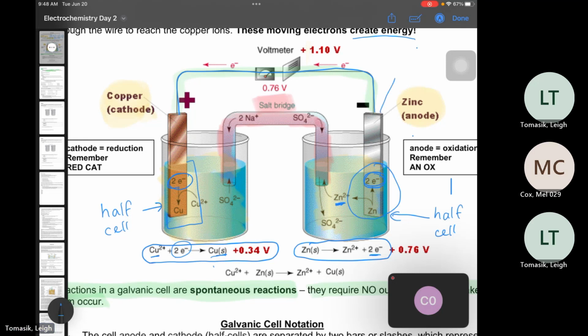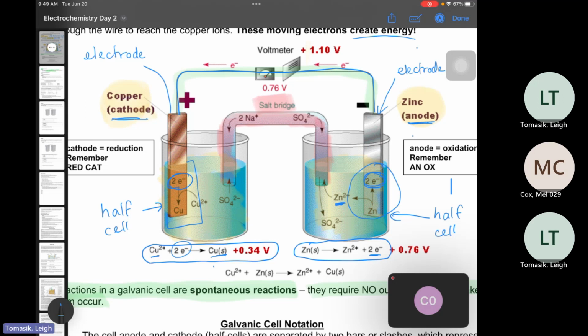We have the two pieces of metal. Those are called electrodes. And we have two types of electrodes. We have something called an anode and something called a cathode.